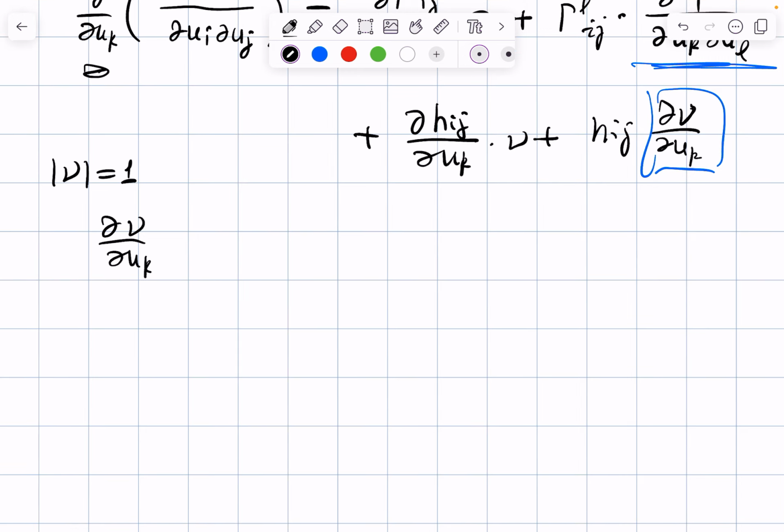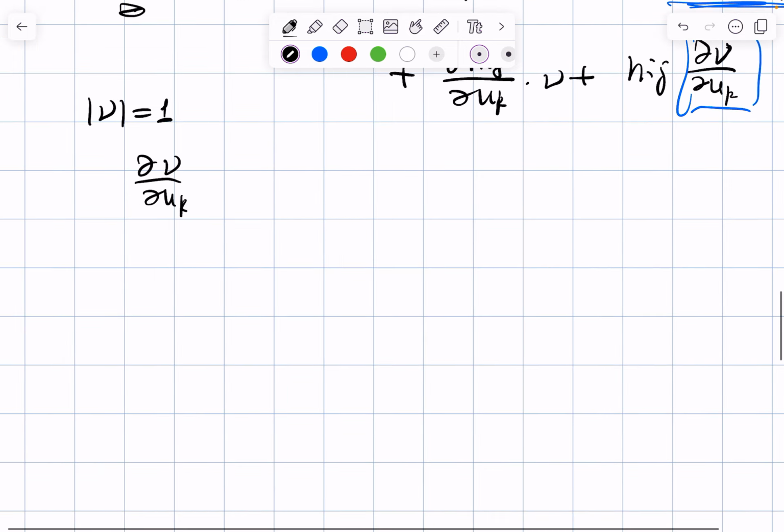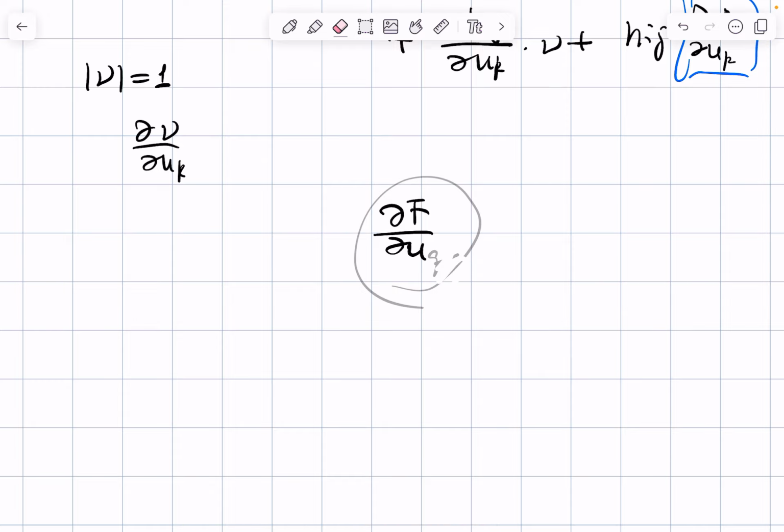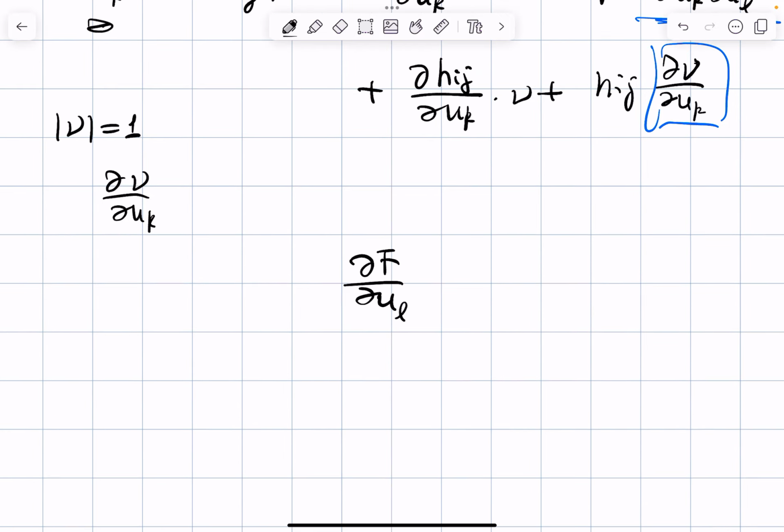So partial ν, partial u_k should be perpendicular to ν, which is the Gauss map. So it should be lying in the tangent space, which is spanned by partial f, partial u_l.